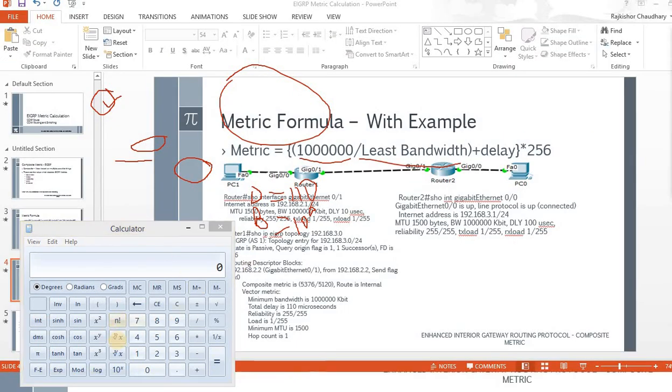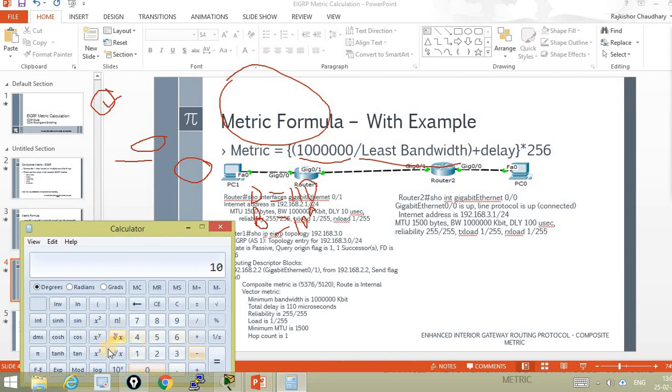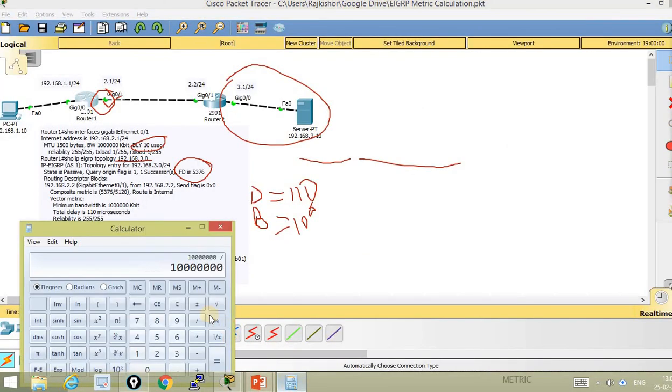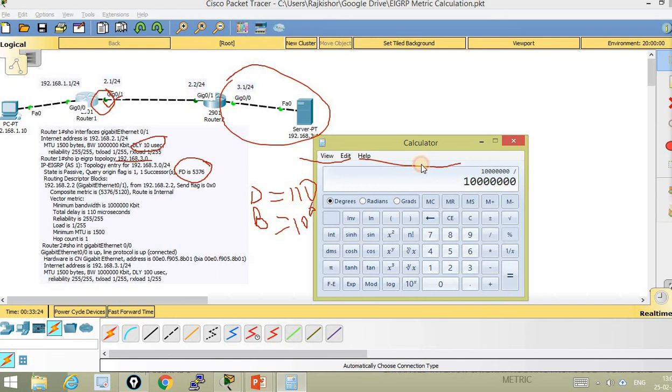Take 10 to the power 7 and divide it by the value I have here, 10 to the power 6, so it becomes 10, and plus.